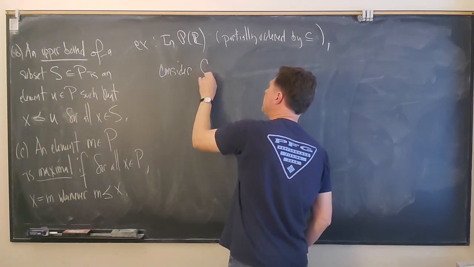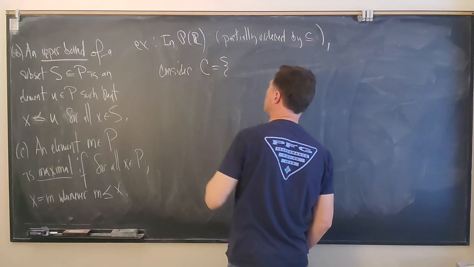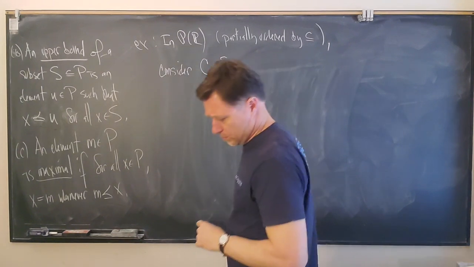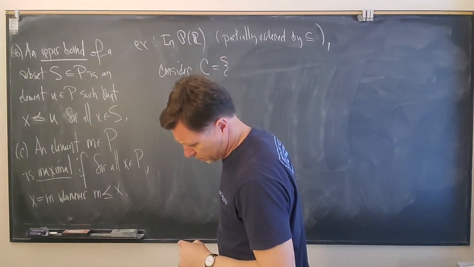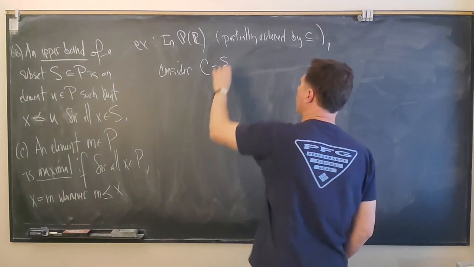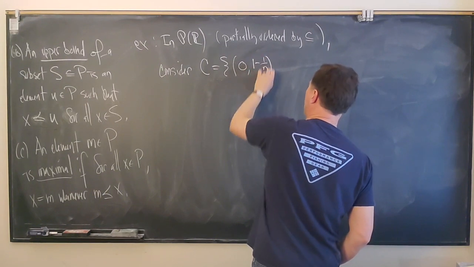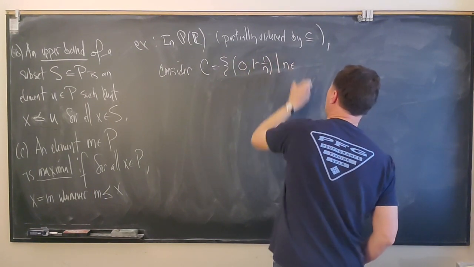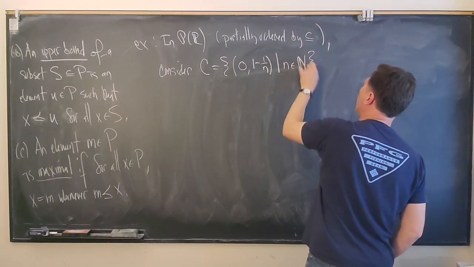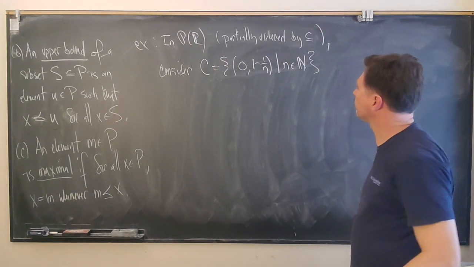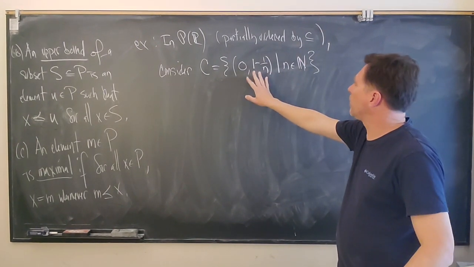Let's call it C, and it's going to be equal to the set of all sets of the form open intervals 0, comma 1 minus 1 over n, where little n runs through all the natural numbers. So it's a collection of open intervals.